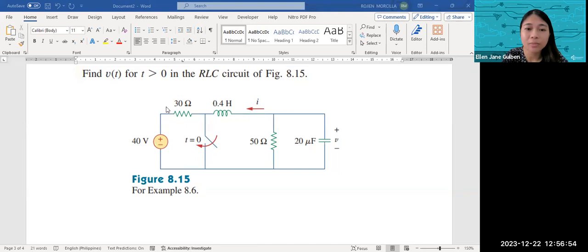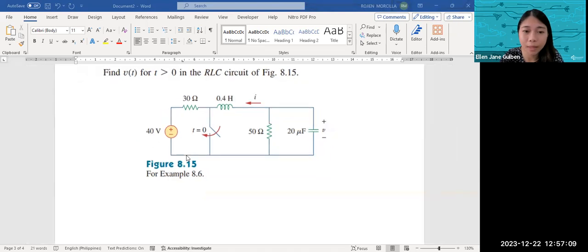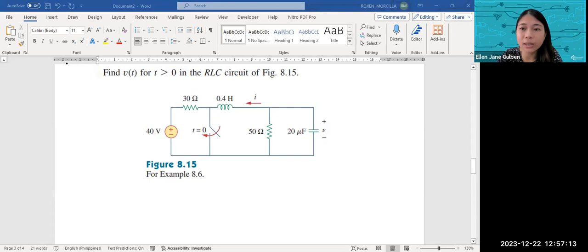At time t greater than 0, the supply will be cut off. So we have that to work on, okay? So what we will do is that we will redraw the circuit based on the timeline.